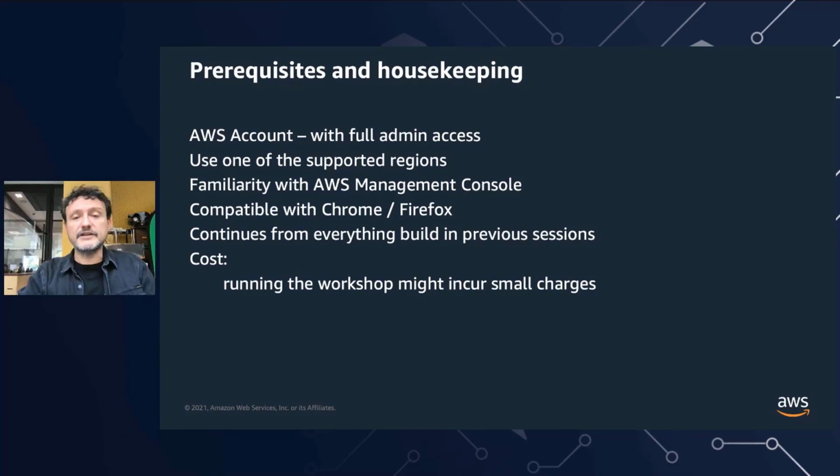You should use one of the supported regions. Based on the services that I will show you that we are going to use, you should pick the right regions that support the set of services. A familiarity with the AWS Management Console is definitely a plus. It's not mandatory, but definitely it's a plus.